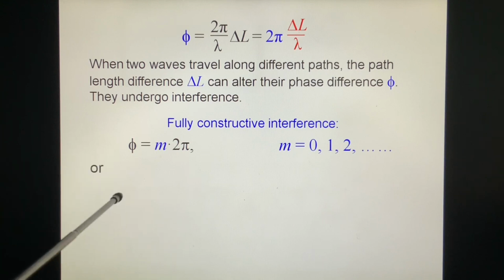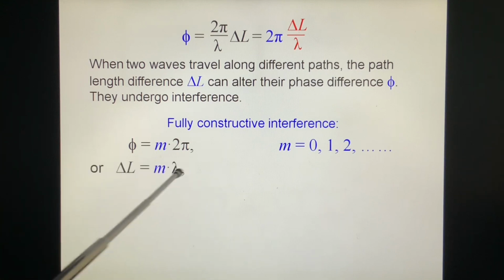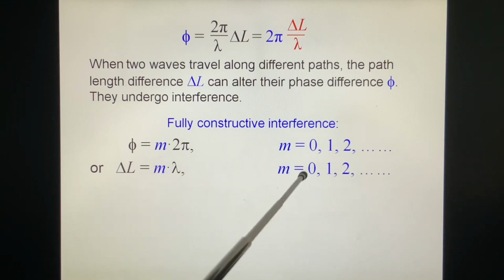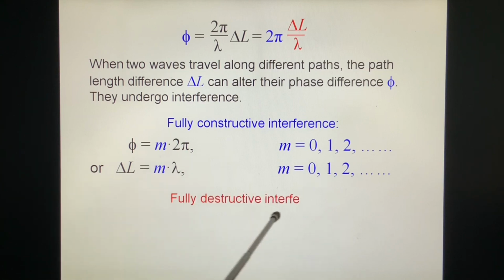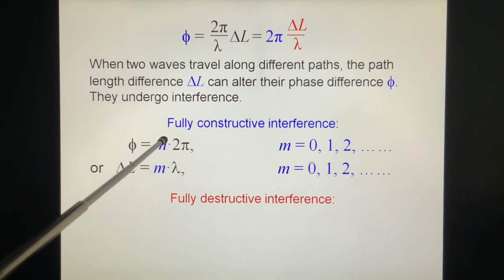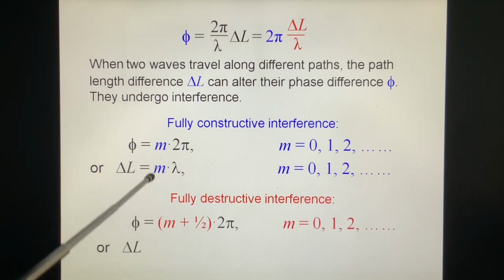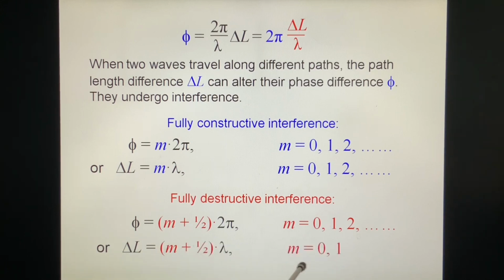Or delta L equals lambda multiplied by m. For fully destructive interference, phi is 2 pi times m plus or minus a half, where m can be 0, 1, 2. Or delta L equals m lambda plus half lambda or minus half lambda.